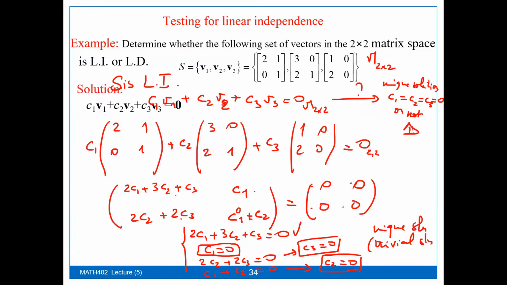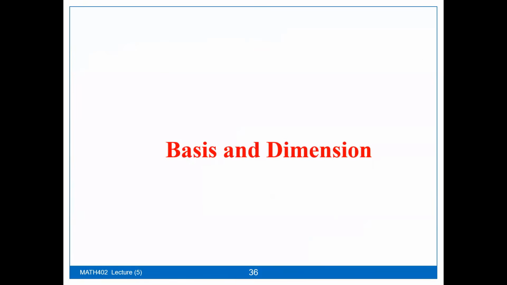This is the idea. And now we are ready to talk about the basis of a vector space, the foundation with which we will build the whole space, and the dimension of the vector space.